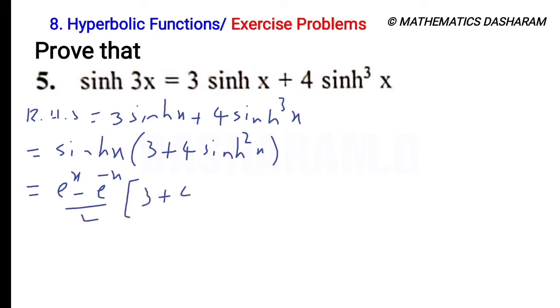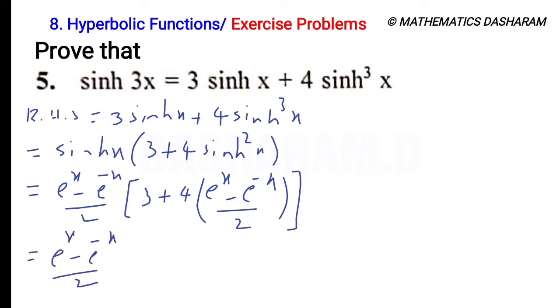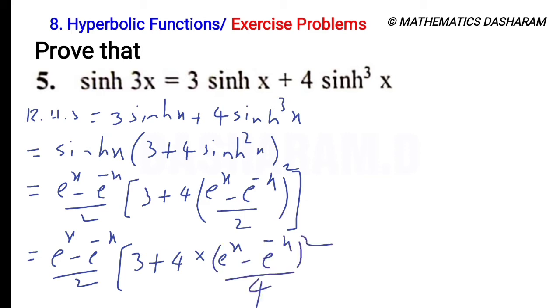So 3 plus 4 into (e to the power of x minus e to the power of minus x by 2) whole square, that is, (e to the power of x minus e to the power of minus x) by 2, into 3 plus 4 into (e to the power of x minus e to the power of minus x) whole square by 2 square, which is 4.